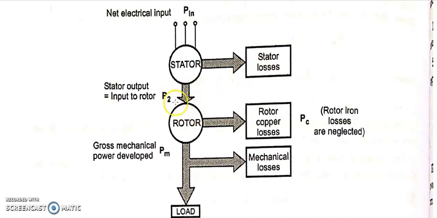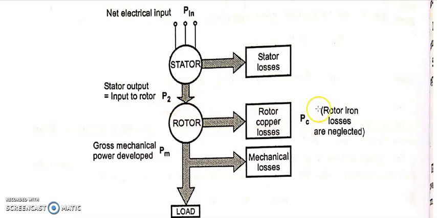Now whatever input is given to the rotor, again some amount of the power is utilized to supply the rotor copper loss, PC. We are not considering iron loss because it is usually very small compared to the stator losses, so it is neglected here. Only rotor copper losses are considered, denoted by PC.